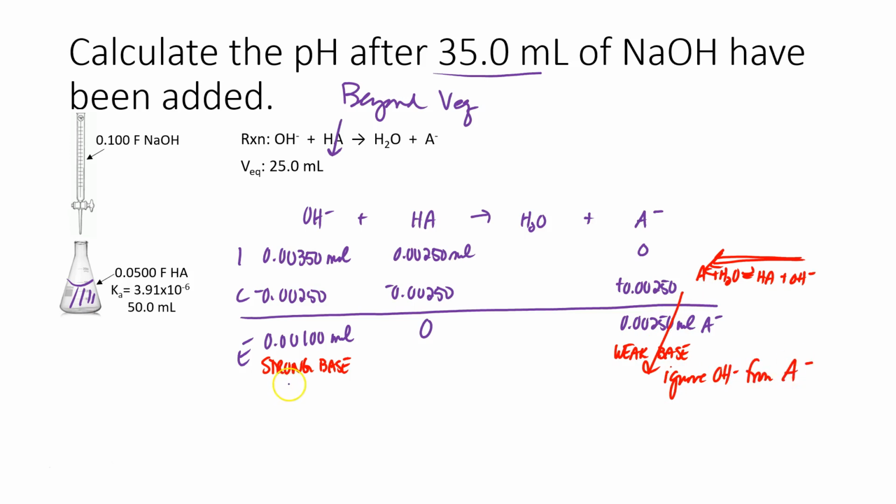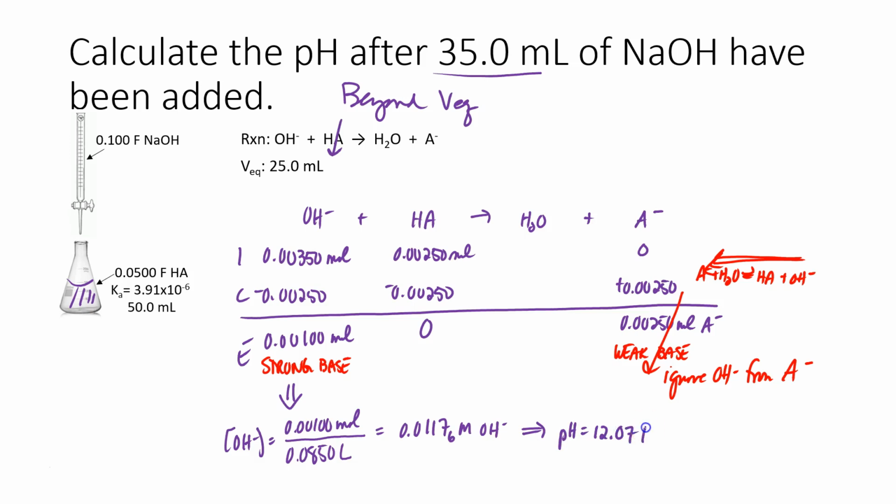So to get the pH, we just need to figure out this OH concentration. It'll be the excess moles that we've already calculated using our ice table over the total volume. You started out with 50, you added 35, and I'm getting an OH concentration of 0.0117 with an insignificant 6 molar OH and a pH of 12.071.